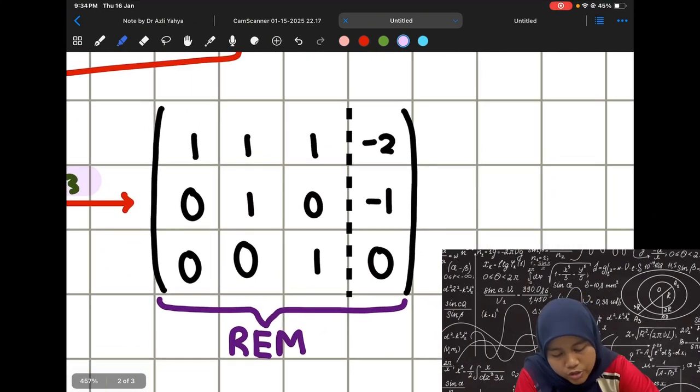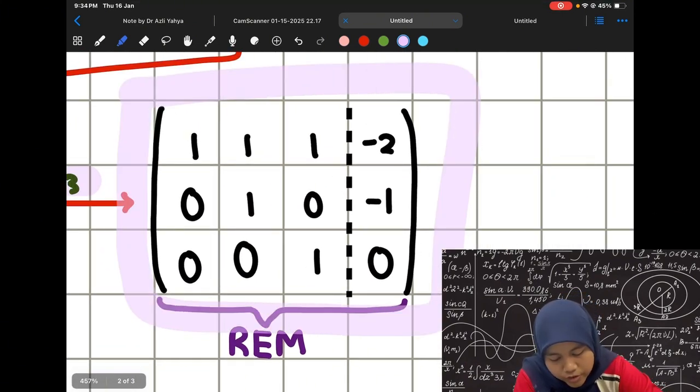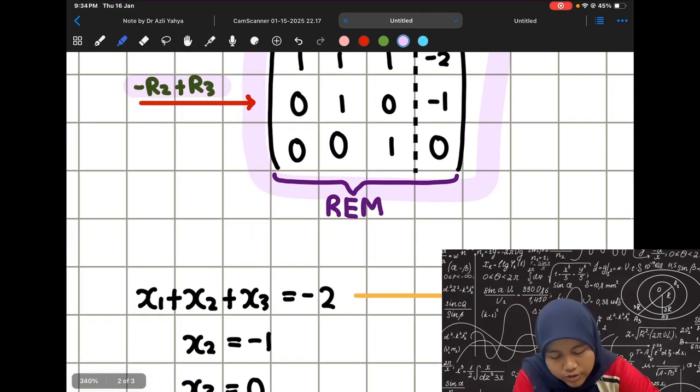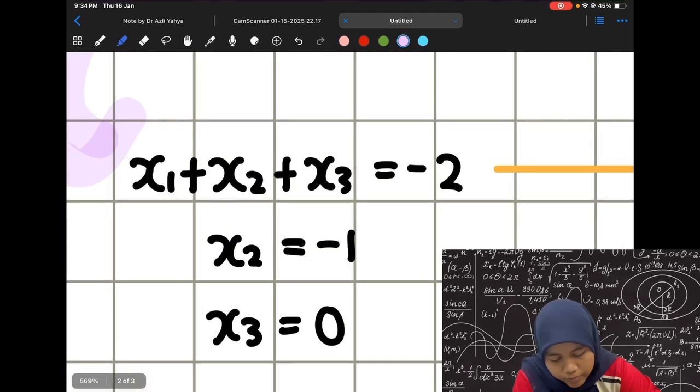So we got this matrix form, which is REM. So we need to transfer this matrix into the equation form like this, which is x1 plus x2 plus x3 equal to -2, x2 equal to -1, x3 equal to 0.